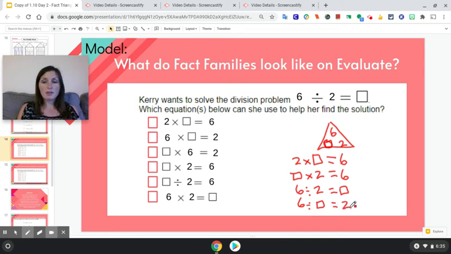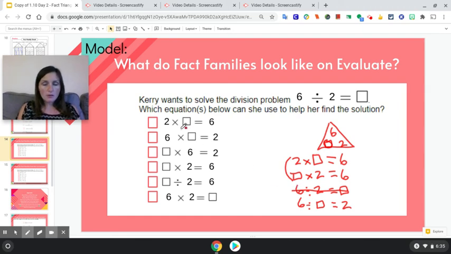Now I'm going to think, which one's really going to be helpful? Well, 6 divided by 2, that's this one, so that's not going to help me. If I don't know 6 divided by 2, I probably don't know 6 divided by blank, which is going to equal 2. So the multiplication ones are going to be my helpful facts.